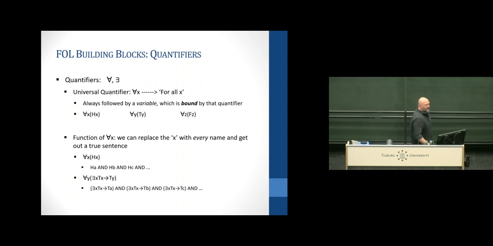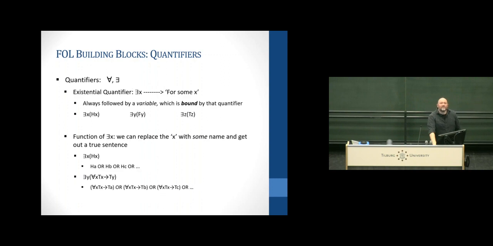Okay. So the universal says everybody. That's our upside down A. Our backwards E, the existential quantifier, just like with the universal, is always adjacent to a variable of some kind. And it's the one that says somebody.